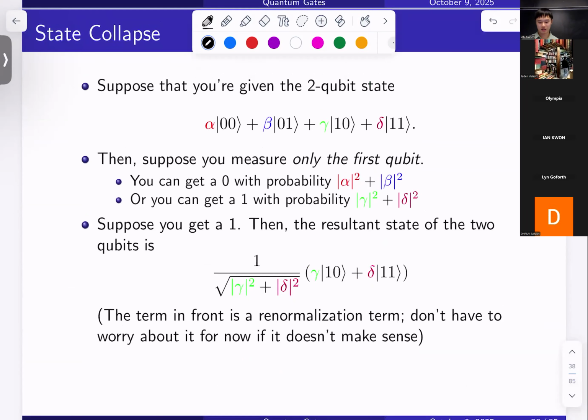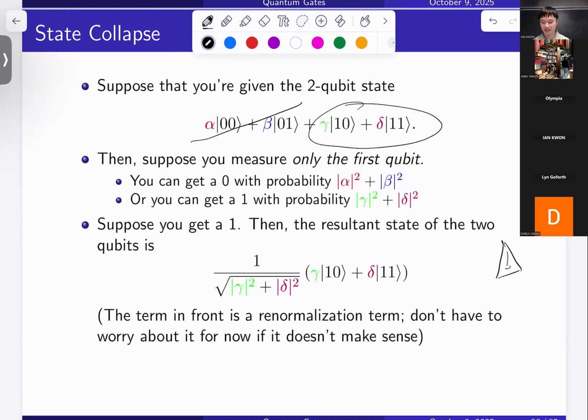Now, one detail, which is maybe a little extra knowledge and won't really come up after this, but just for completeness: let's say we got a 1. That means the state must have been this one or this one that we measured it from. We could not have gotten any of the others if we measured a 1 on the first qubit.